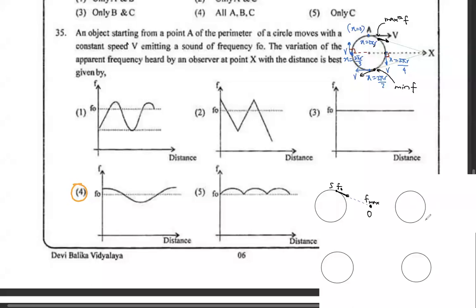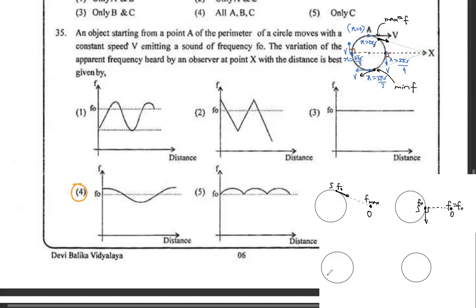And when the source comes to this point, moving with F naught, what will be the frequency heard by the observer? F naught, the same frequency of the source, because there's no Doppler's effect here.